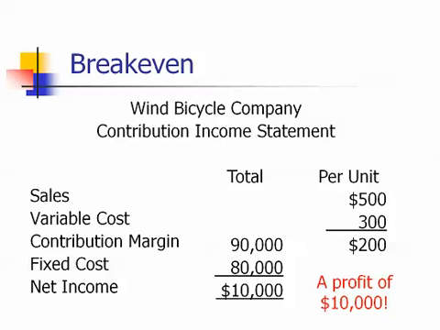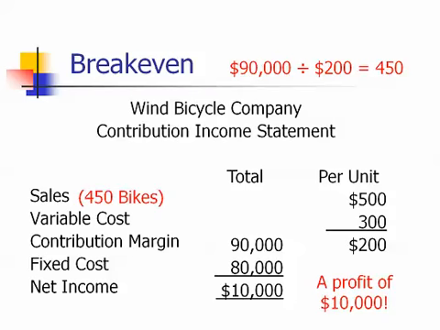The question then becomes, at a contribution margin of $200 per bike, how many bicycles must Wynn sell in order to earn this contribution margin of $90,000? Once again, we find our answer by dividing the $90,000 total contribution margin by our $200 contribution margin per bike, and we find that Wynn must sell 450 bicycles to achieve a net income of $10,000.